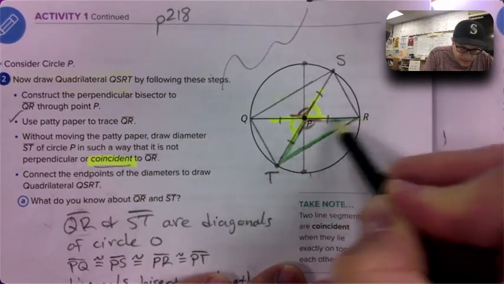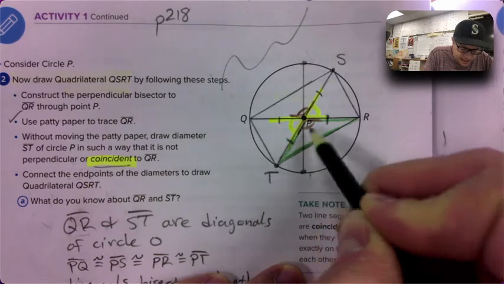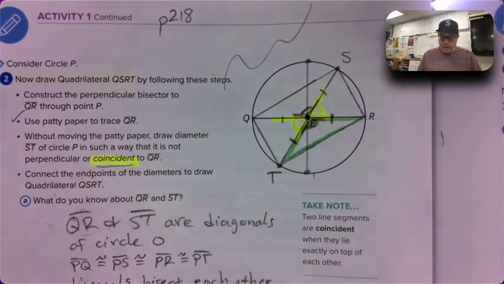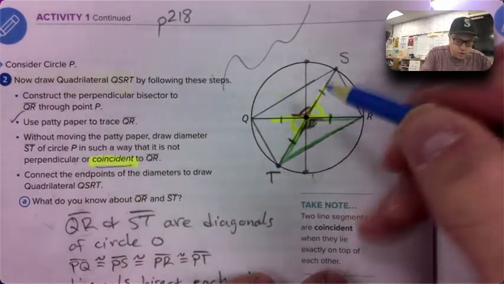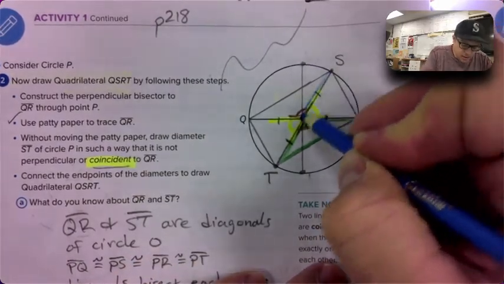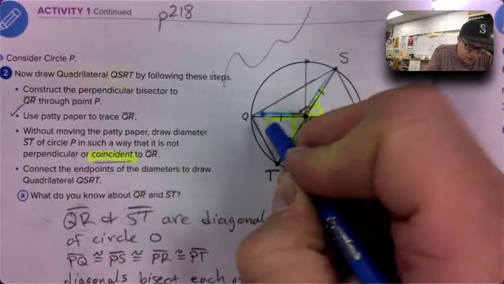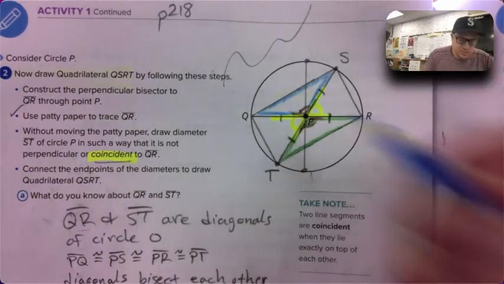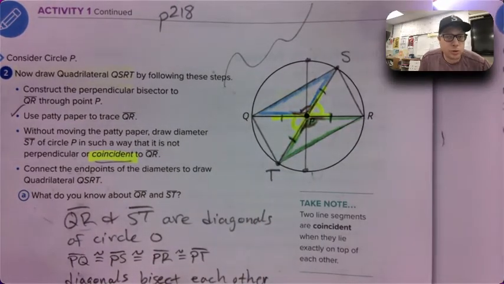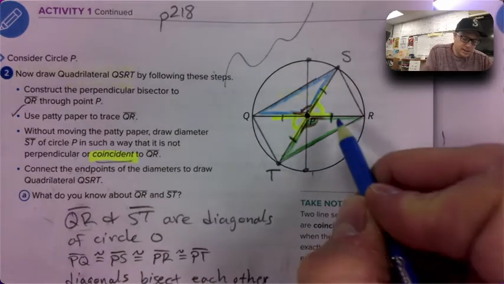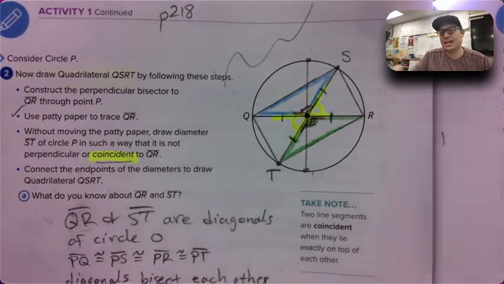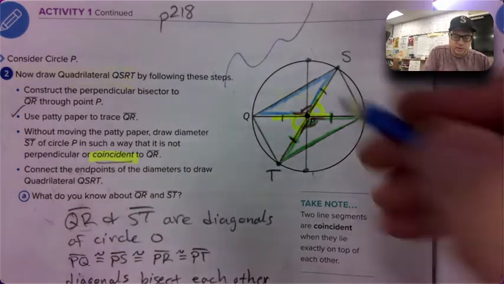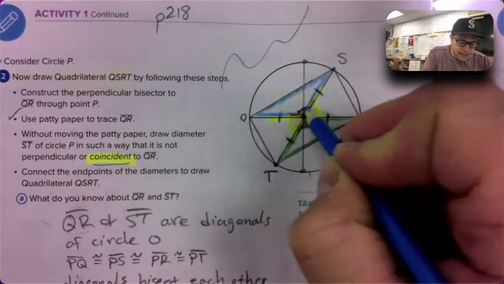RPT has a spike and an angle. And it's got a matching partner on the other side of this quadrilateral shape, SPQ. There's a triangle. They should be the same size. They should be congruent, because the spike and this angle are exactly the same, but on the other side, like a reflection, with spike and the angle between.